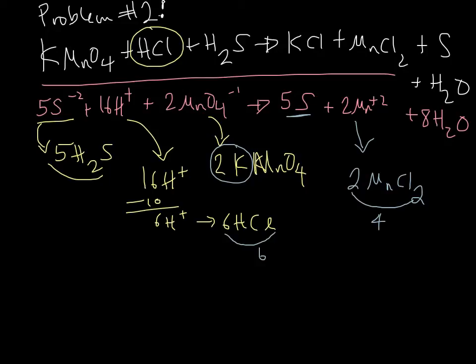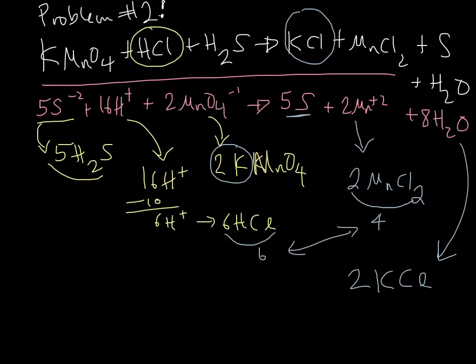So if I look at the equation at the top of the screen, I have KCl as a product. So that is going to end up being 2 KCl's in addition to all those other products. And that accounts for the potassiums, and that accounts for those extra 2 Cl's that we needed to account for.